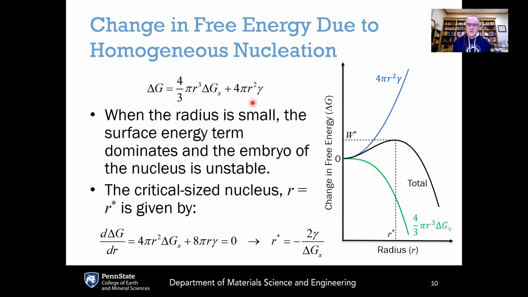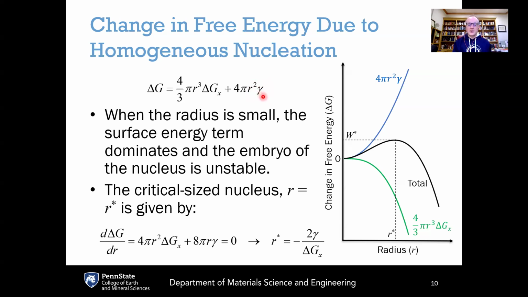Now, at the same time, if we are forming a spherical nucleus with a sharp interface between the nucleus and the liquid, there is a free energy penalty that we have to pay by forming this interface where one didn't previously exist. And that's because you don't have perfectly good alignment between the atoms within the nucleus and the liquid, because the structure is different between the nucleus and the liquid. And therefore, we have a surface tension that's associated with that interface. That surface tension is given by gamma.